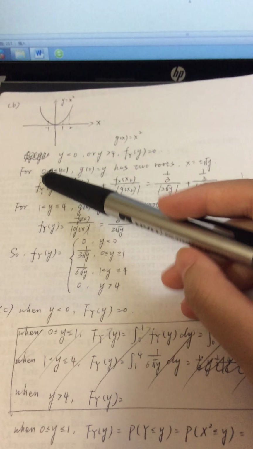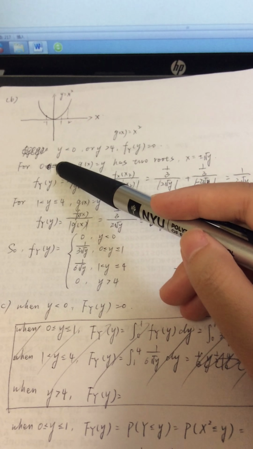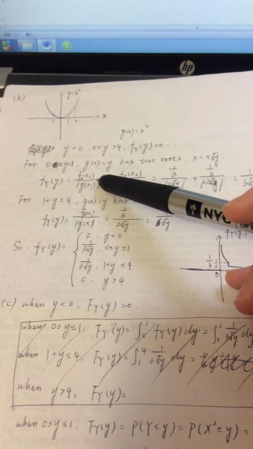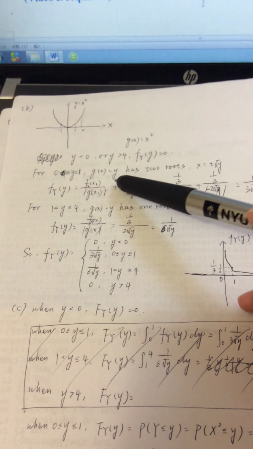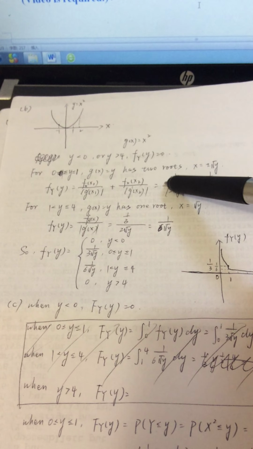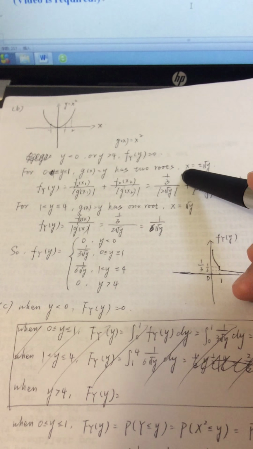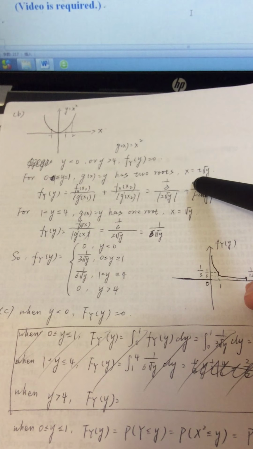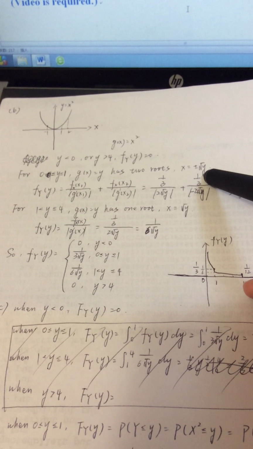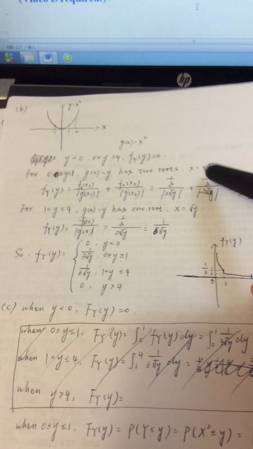For y greater than 0 and less than 1, we let g(x) equal y, which has two roots: x equals minus square root of y and plus square root of y.